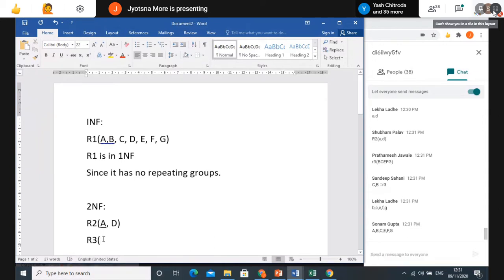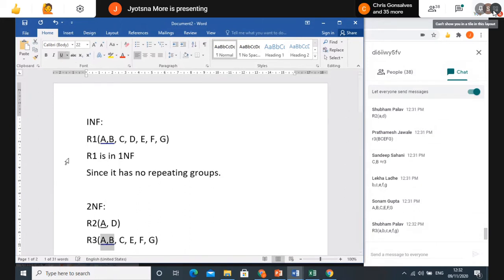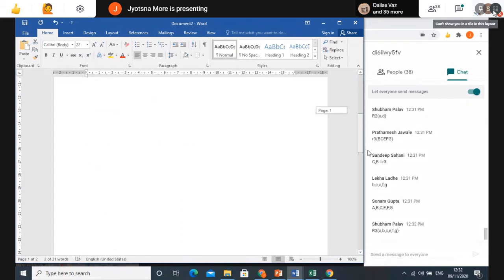That is correct. When we are removing one of the key attributes in another functional dependency, we are not removing the primary key, remember. So A, B, if we are taking the primary key over here, we should not remove it from our main relation. So this is my R2 and R3, where A and B are my key attributes. Only when we are changing the key attribute, that part I will tell you that you can do.